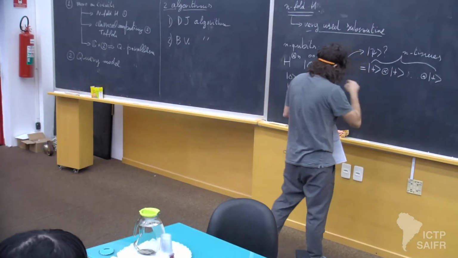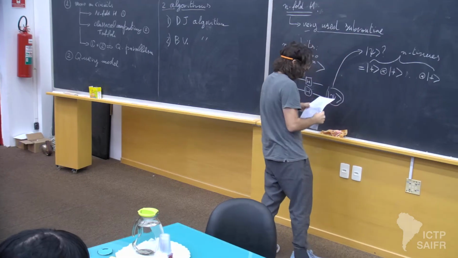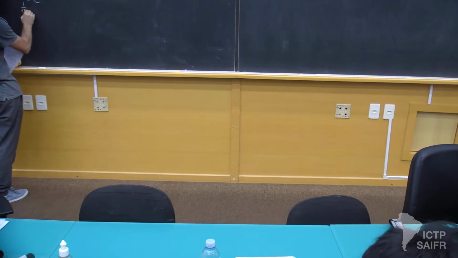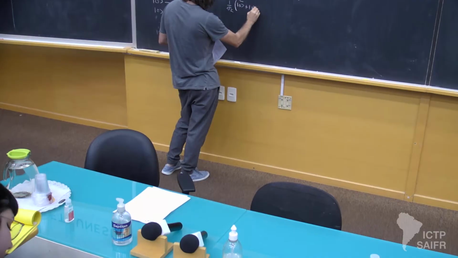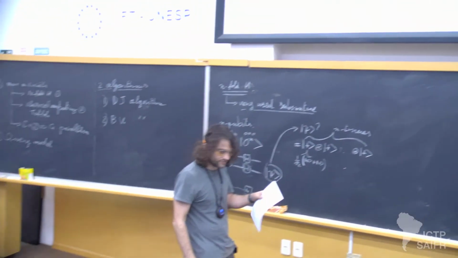And how to see that? Well, what we have to do is to expand each of these beasts. And we know that this one becomes 1 over square root of 2, 0 plus 1, and so on and so forth. So then we take all the possible tensor products, right?